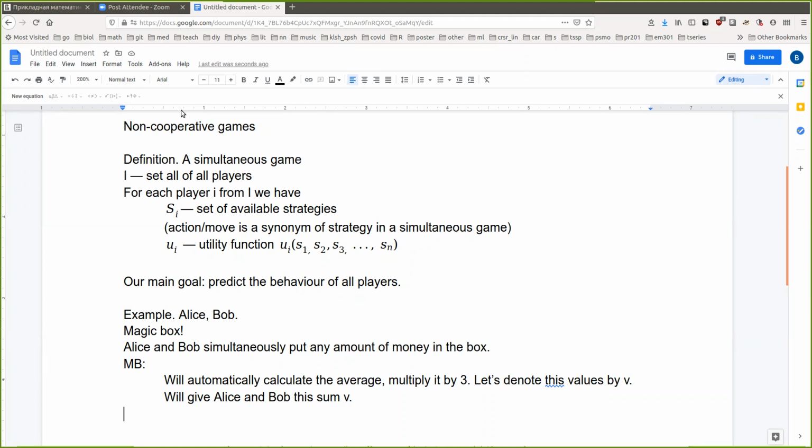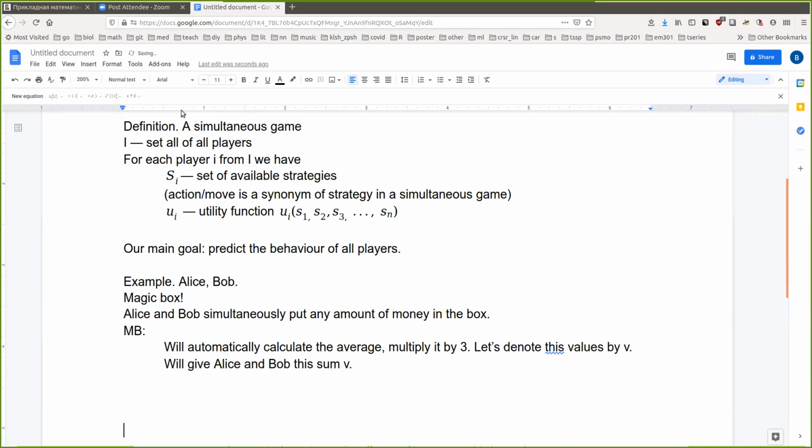Yeah, that's clear. So they simultaneously put any amount of money in the box. They say ahalai mahalai, and everyone magically receives the average multiplied by 3. Not only Alice, but Bob also. They both receive the same amount, V. And V is the average multiplied by 3.